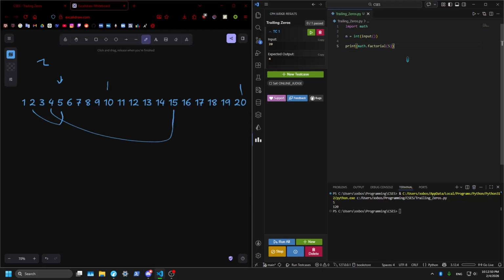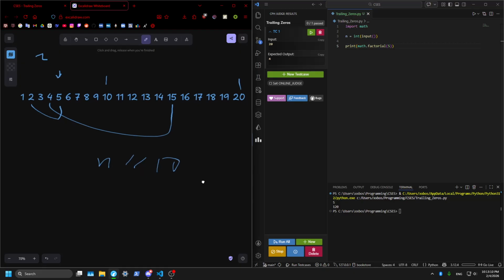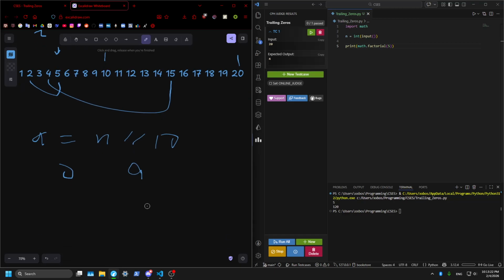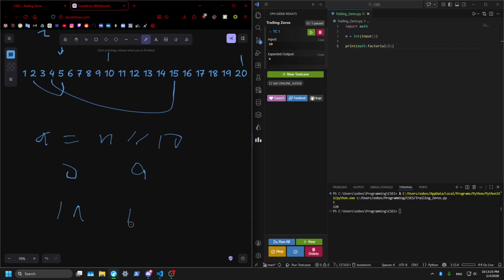So let me think. It's n double divide by 10. So if we got 9, we'd be at 0. If we'd be at 19, we'd be at 1.